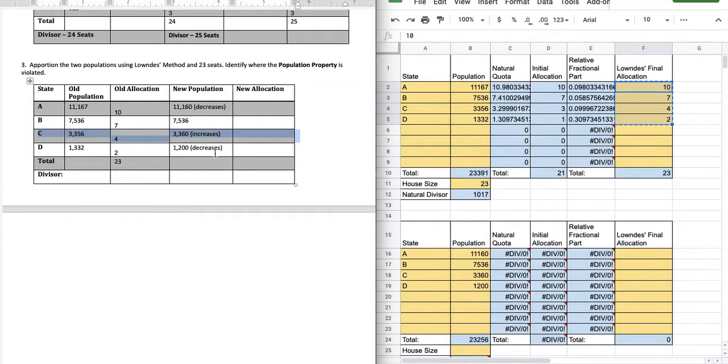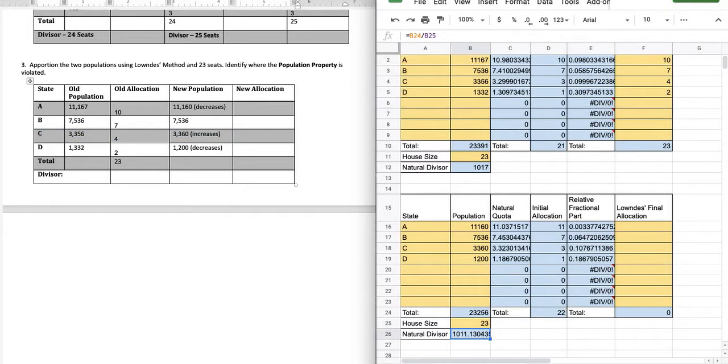So we're going to change the populations. I just have the same thing done again over here on the right. Our house size is 23. Initially, with those changing populations, we have 22 seats, so we still need one more now. We're assigning one less than before. We have 22, we need 23.